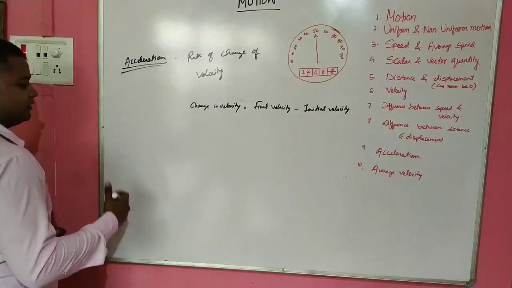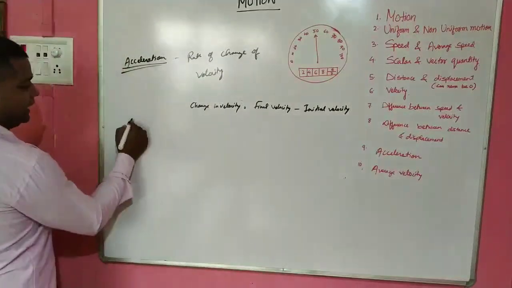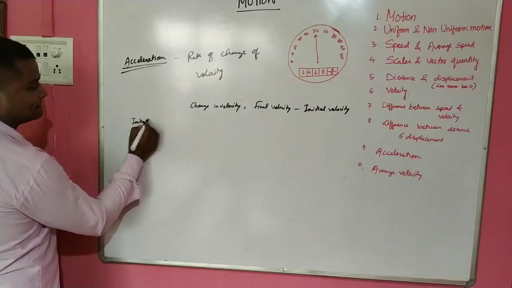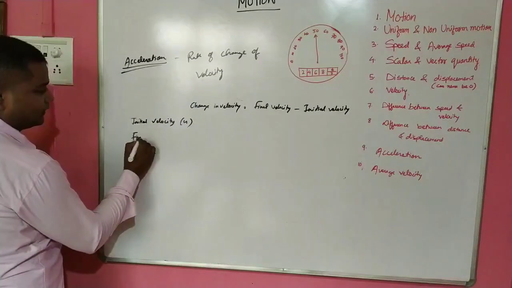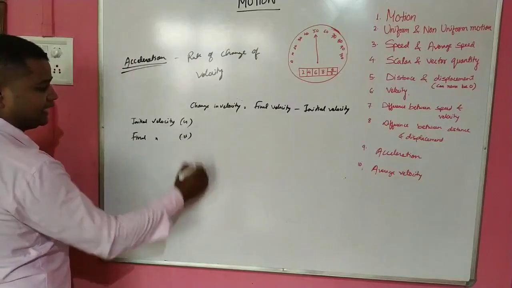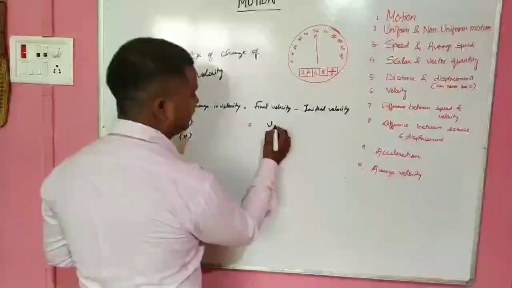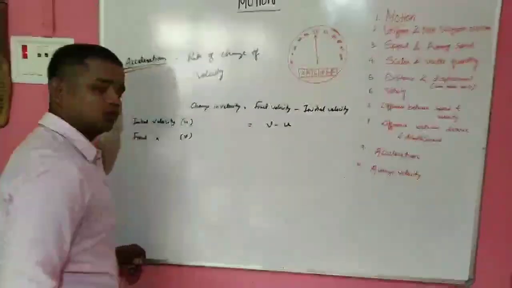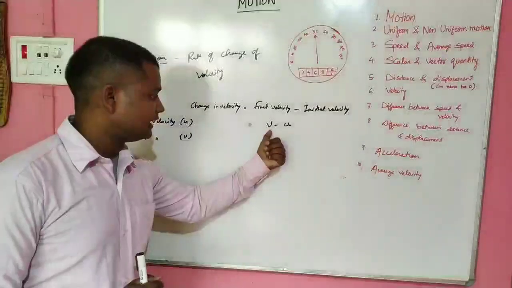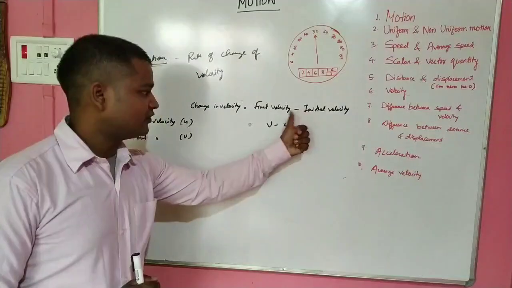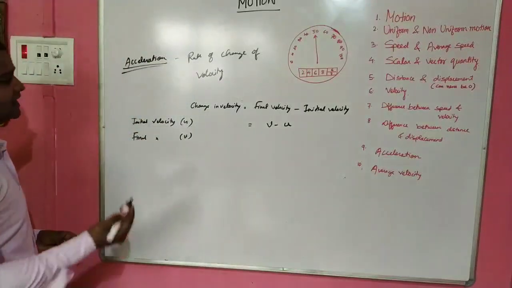And remember one thing, we will need this when we solve all those numericals. Initial velocity is represented by u. Final velocity is represented by v. So what will be the change in velocity? It will be v minus u. Is that clear? For final velocity we use v, and for initial velocity we use u. Okay.